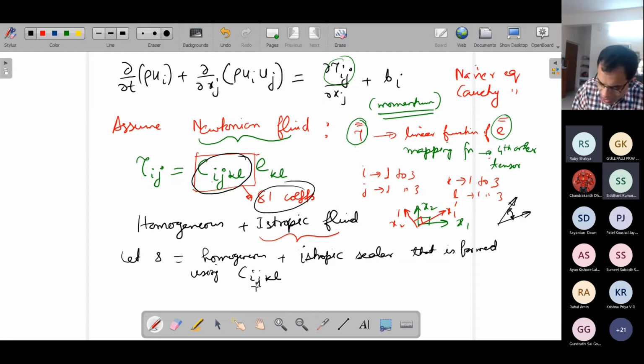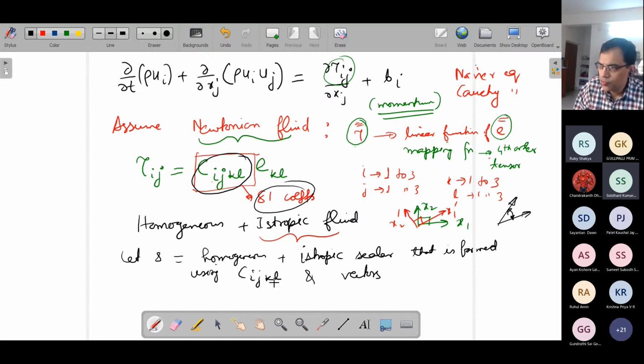And this of course, Cijkl. So using Cijkl and vectors. You have to remember that the scalar has no index. So when you have Cijkl with 4 indices, you have to nullify those 4 indices by repeating the i's, j's, k's and l's.